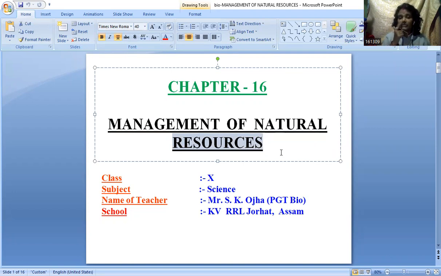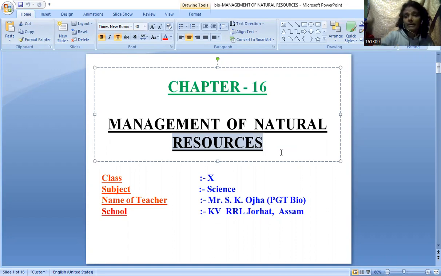So first we will try to understand what are the types of resources, and what is the need of managing them. Why do we need to manage it? Let us start with the first one, that is resources. What is a resource? Anything which is utilized by us comes under the category of resources.